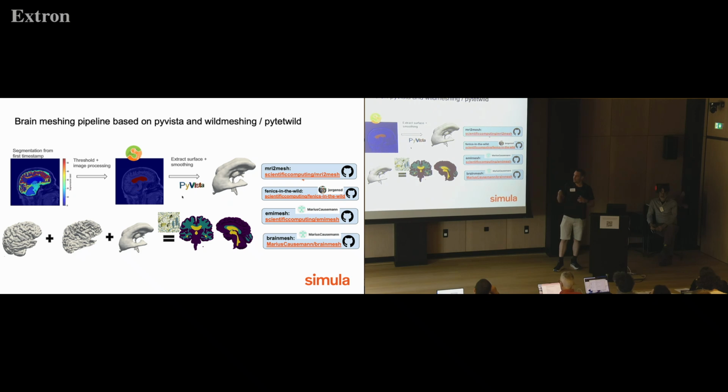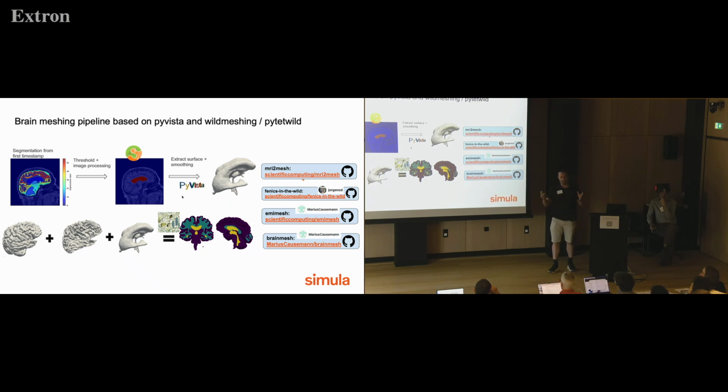For the brain meshing pipeline, we have a working pipeline where we typically start with the segmentation of the brain, where you have the different regions of the brain labeled. We do some image processing, extracting the regions of interest using scikit-image, and then we use PyVista for extracting the surfaces.